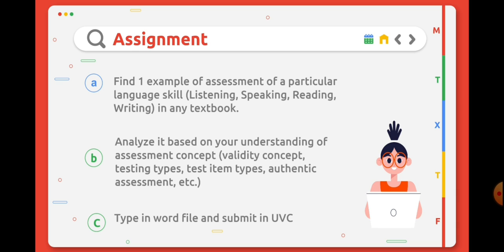And after that, analyze the example that you found based on your understanding of assessment concepts, related to the validity concept, reliability concept, testing types, test item types, and authentic assessment, etc. And after that, type it in a Word file and submit it in UVC. For further information on submission, please check Ukrida Virtual Class.